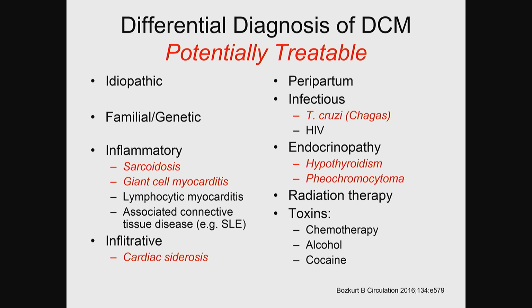And in some, at some stage of disease, Chagas disease treatment with antiparasitic therapy may be effective. And control of hyper and hypothyroidism and pheochromocytoma, the endocrinopathies which may cause dilated cardiomyopathy, can also resolve systolic dysfunction.